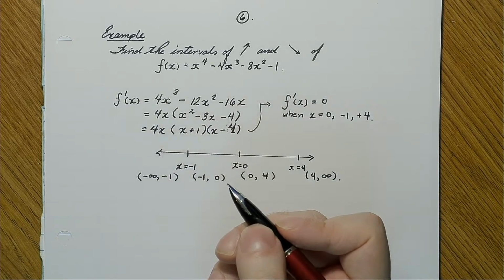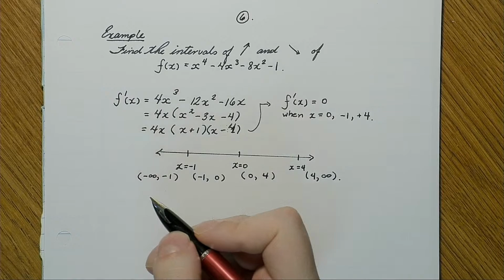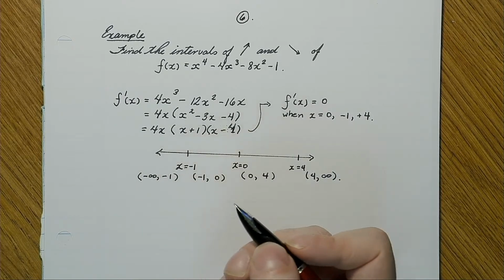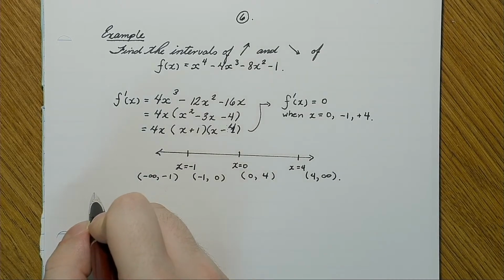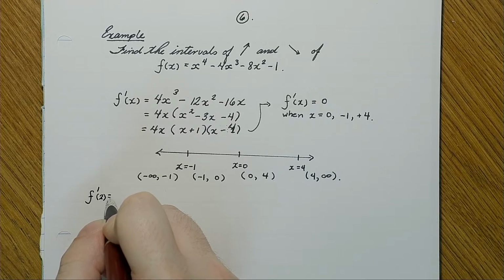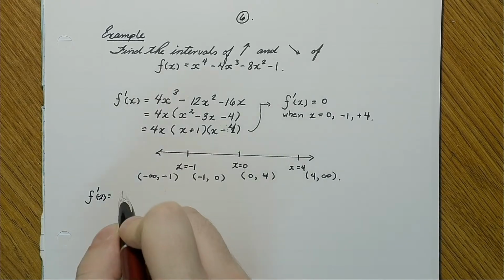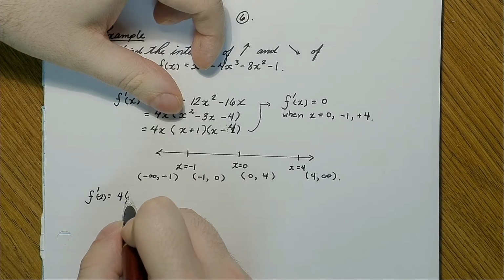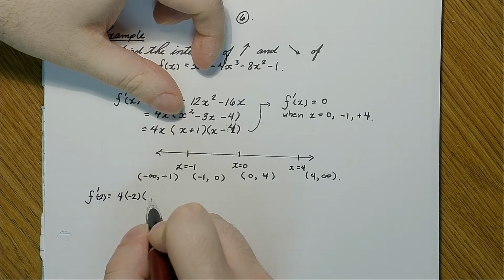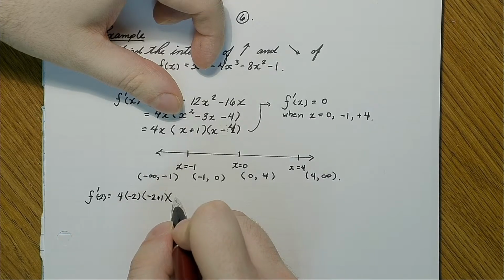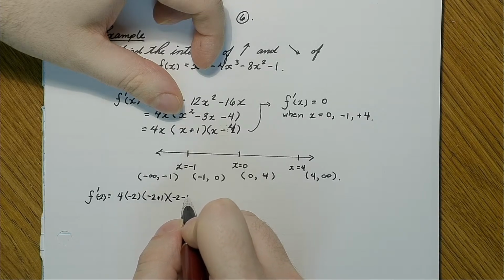Then what we do is we start picking values again. So let's see. F prime at minus 2. So again, I substituted my value. I got 4 times minus 2, minus 2 plus 1, minus 2 minus 4.